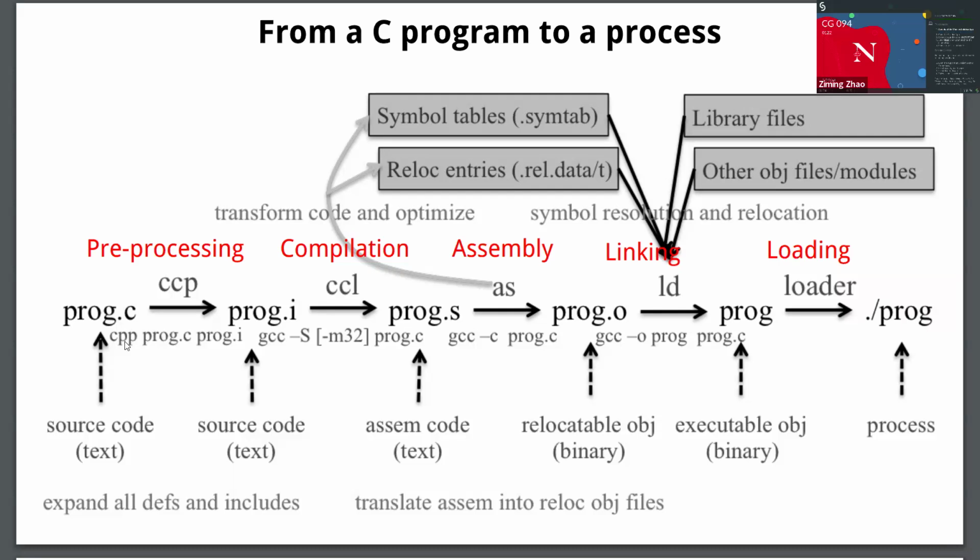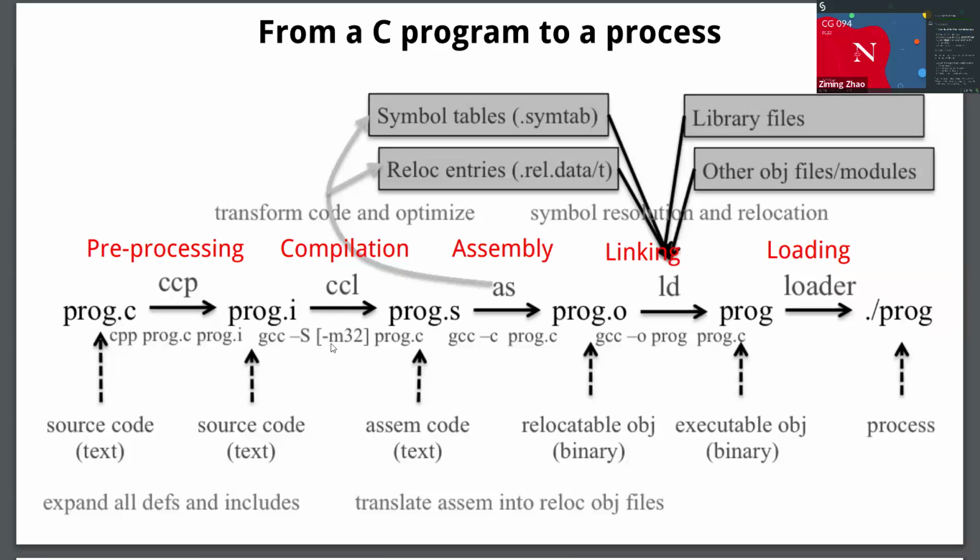Now after that, you have the compiling stage. But the compiling of GCC is not compiling from C code to binary code directly. Instead, it compiles to assembly code. So we can use the command gcc -S with uppercase S to generate this .s file, that's an assembly file.